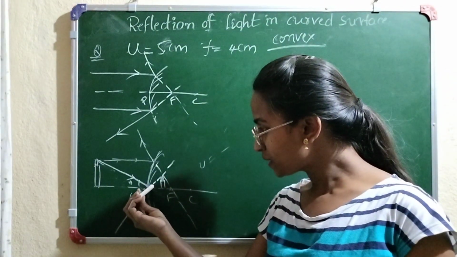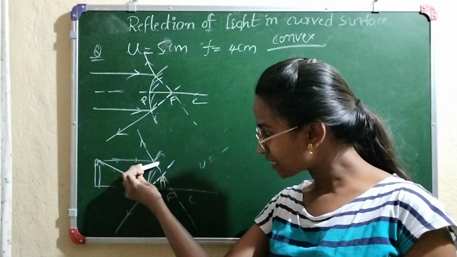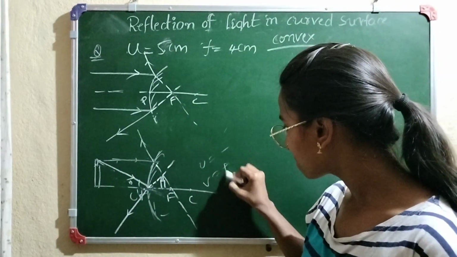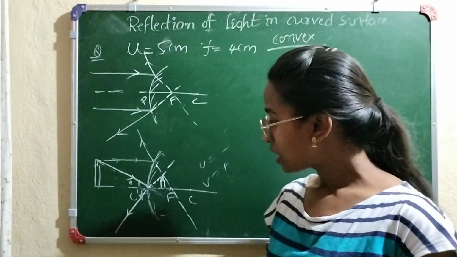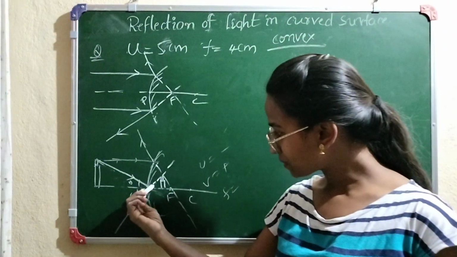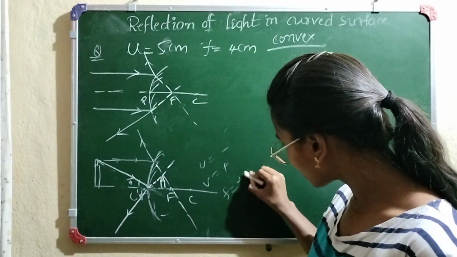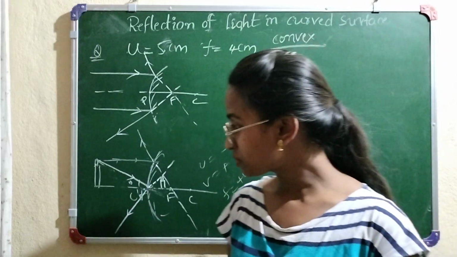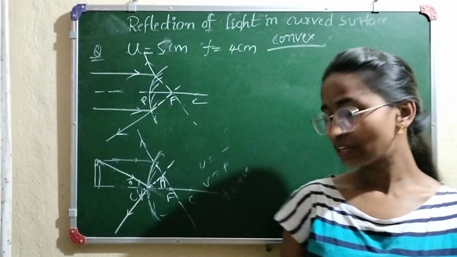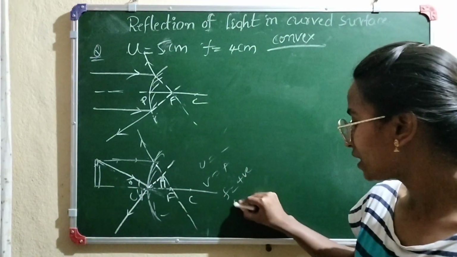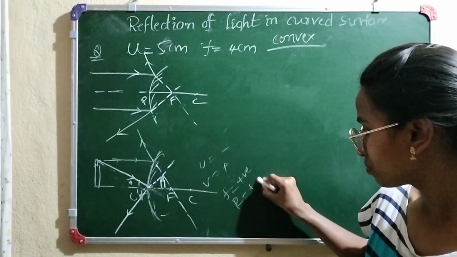The image is forming in the same direction as the incident ray, so v is positive. Yes? And f is also in the same direction as the incident ray, so it is also positive. Am I clear? So in the case of a convex mirror, only u is negative, and the remaining all are positive. And R is also positive.